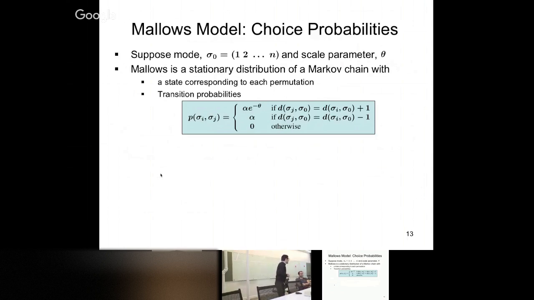Sorry, alpha doesn't correspond to anything in the Mallows model? No. I can put alpha equals 1 over n because there are only n neighbors. For every permutation, you can only have n adjacent swaps. If you're moving away from sigma naught in distance, the probability is e to the power minus theta over n.